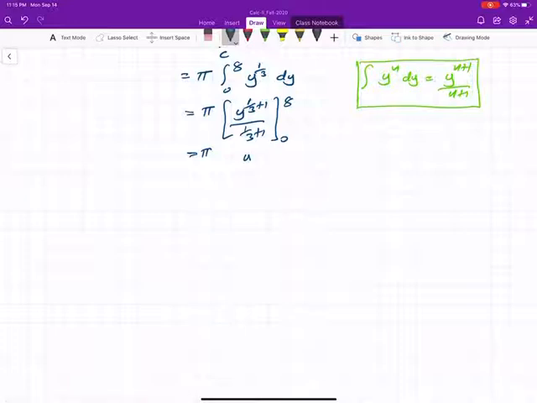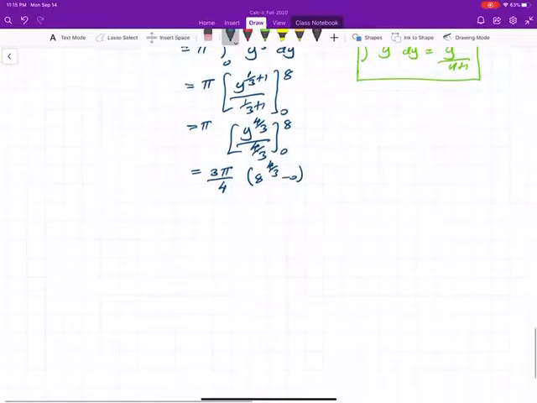Pi y to the power 4 over 3, from 0 to 8. Then you write this as 3 pi over 4, and then y is 8 here, 8 to the power 4 over 3 minus 0.